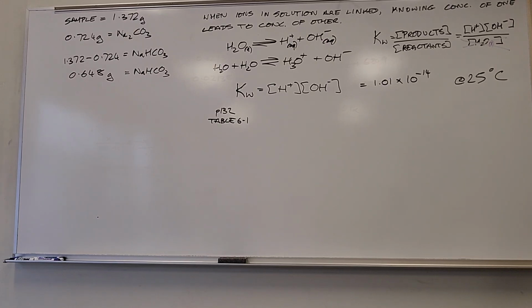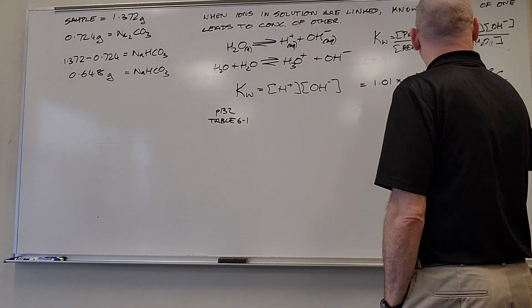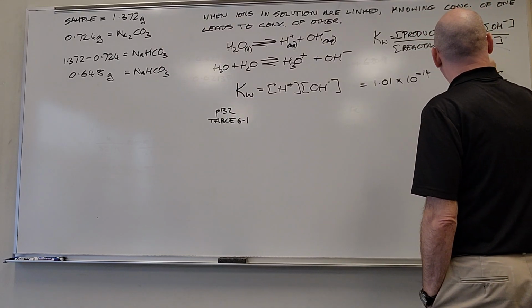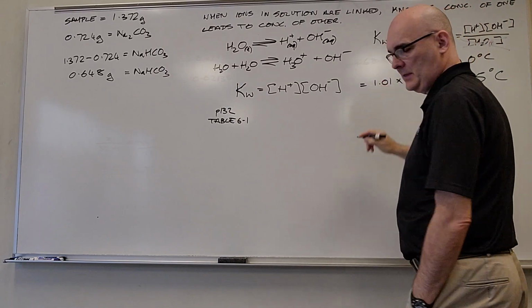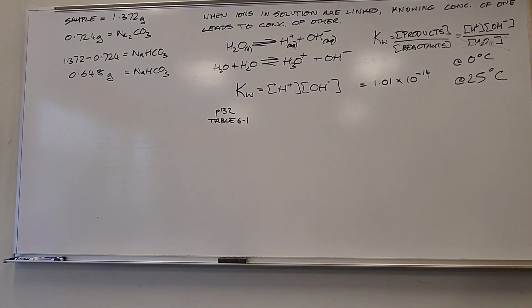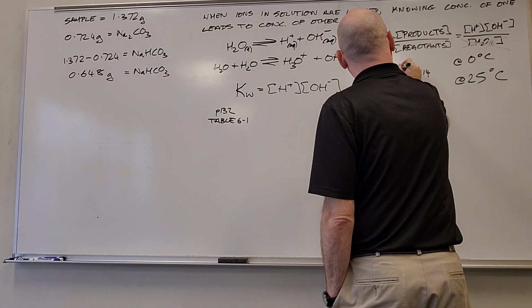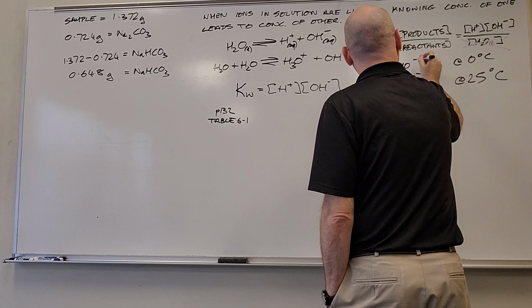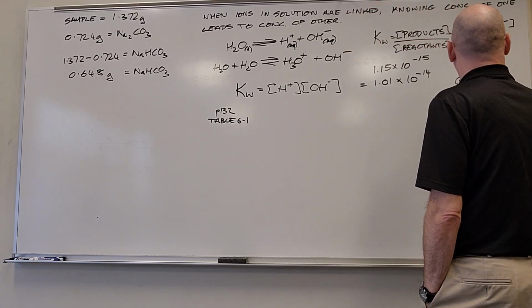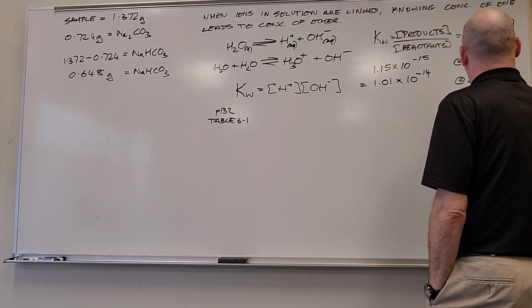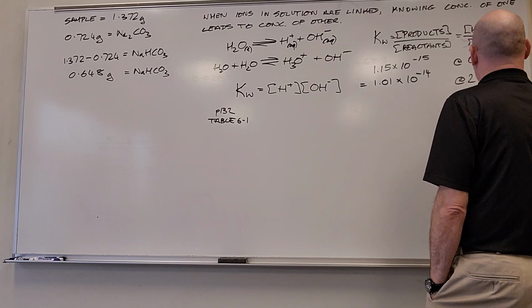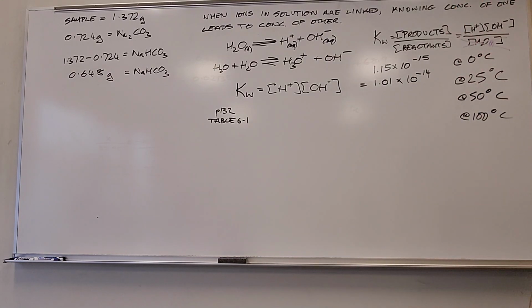But did you know that at 0 degrees Celsius, that number is 1.15 times 10 to the negative 15? And that at 50 degrees Celsius and at 100 degrees Celsius, that value is 5.3 times 10 to the 14.